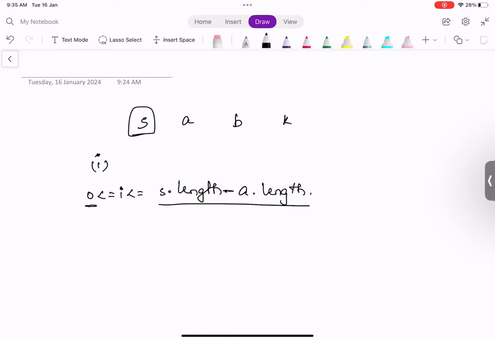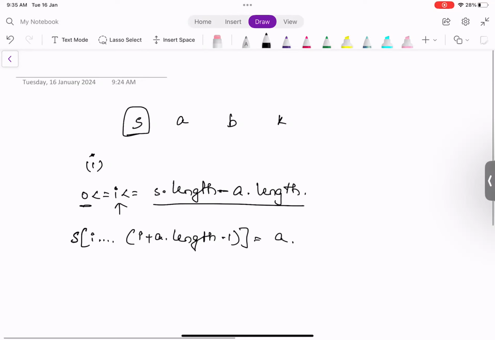When we choose a particular i, the substring starting from the ith index all the way up till i plus A.length minus 1 should exactly be equal to string A. Basically, from that index i, the substring that is formed should exactly be equal to string A.